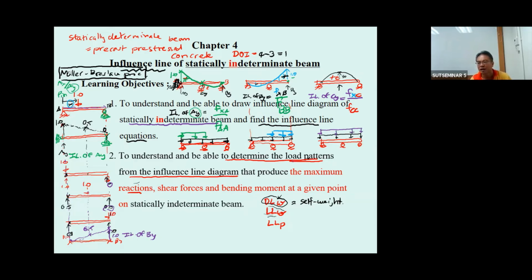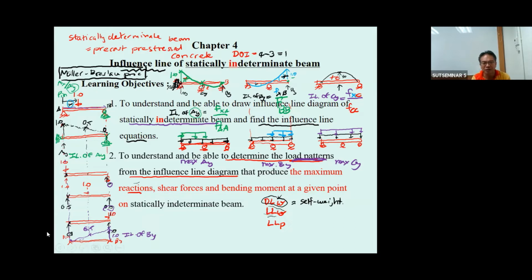So you can see the loading pattern for the maximum A sub y, for the maximum B sub y, for the maximum C sub y, they are different. Okay, and then what you get is going to produce the maximum reaction. You can use that reaction to design the support, to design the foundation.